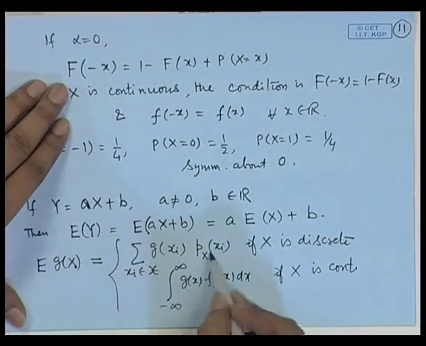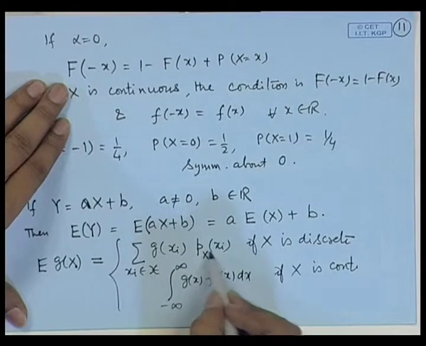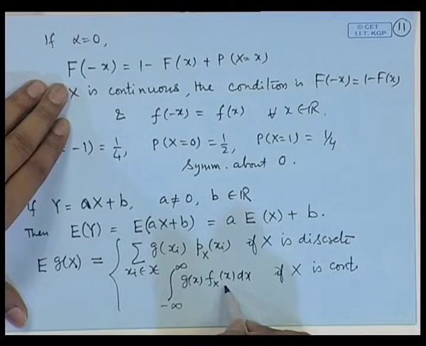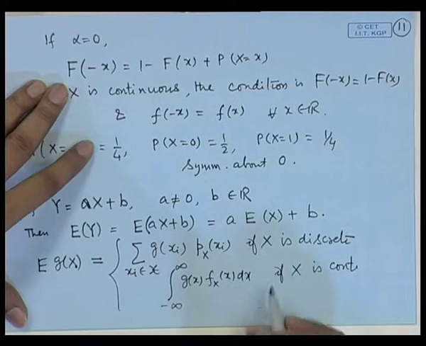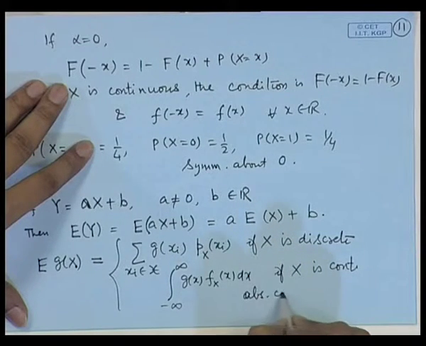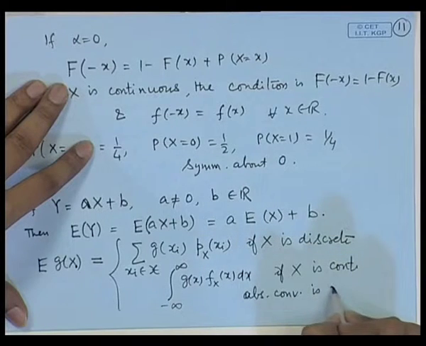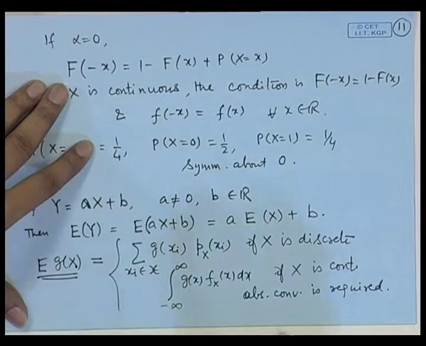The definition is subject to the condition that this summation or this integral must be absolutely convergent. So, absolute convergence is required in order that this expectation of g x is well defined.